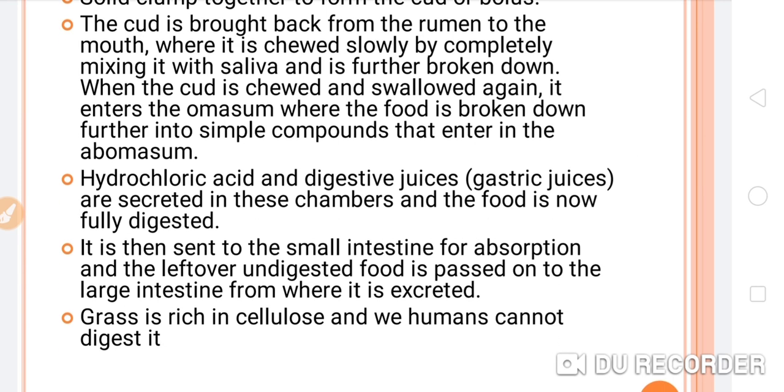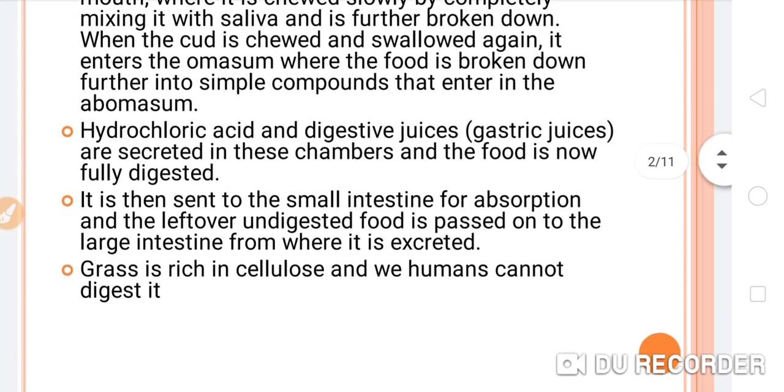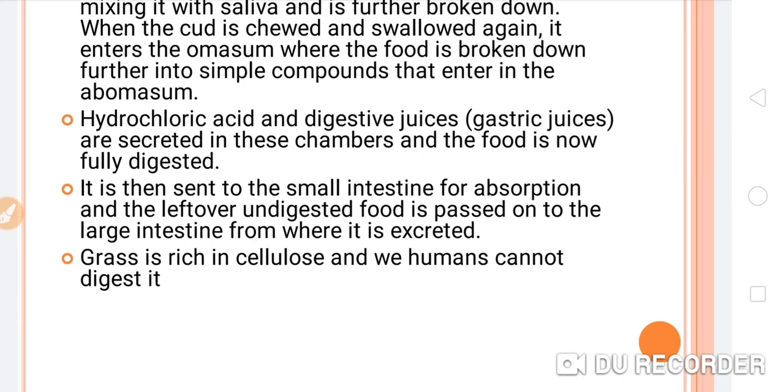Next, hydrochloric acid and digestive juices, also known as gastric juices, are secreted in these chambers, and the food is now fully digested. It is then sent to the small intestine for absorption, and the leftover undigested food is passed on to the large intestine, from where it is excreted.